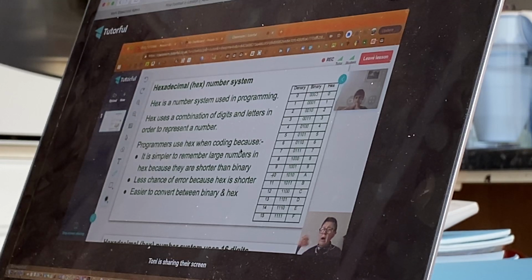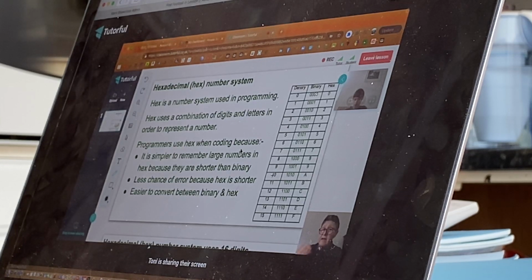Now, I want you to be drawing this grid, but don't do it yet. What we're going to do, we're going to have 3 columns, and we are going to put the decimal numbers on the left-hand side. We're going to convert them to binary in the centre, and then on the right, we're going to put the hexadecimal number.